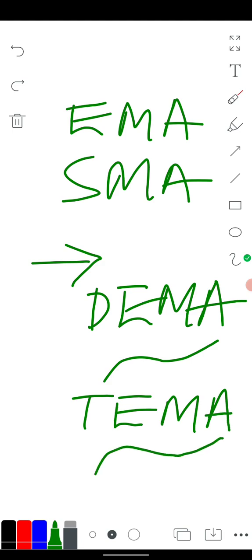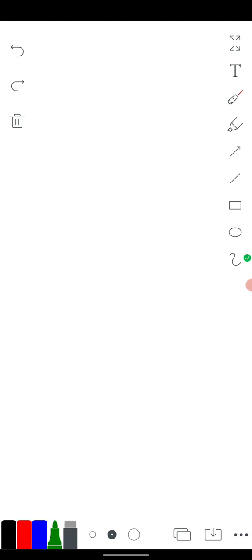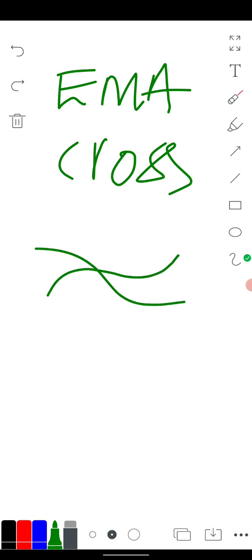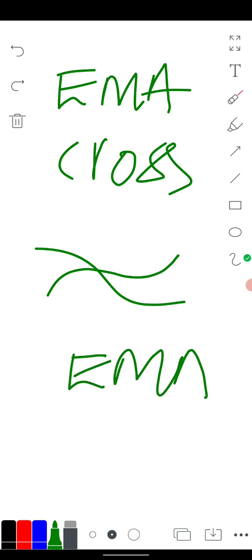And what else do we have? EMA cross. EMA cross, in the sense it will have crossing lines, so two lines, a short line and a long line. And we have seen EMA with SMA.